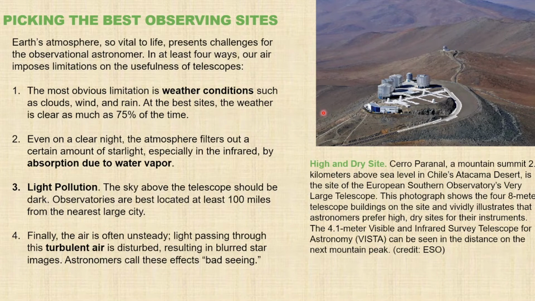The land-based telescopes have certain challenges for using them. And one is the weather. Okay. Especially if we are doing optical, in the visible range, the light should be able to pass through the atmosphere and hit the telescope.